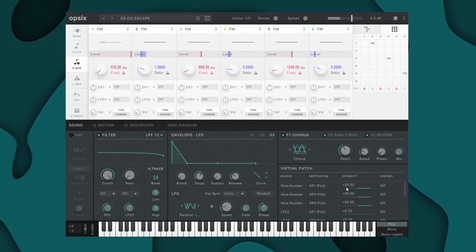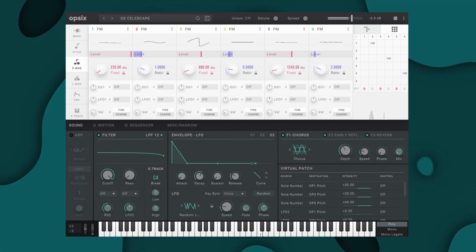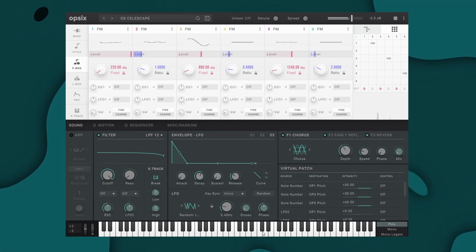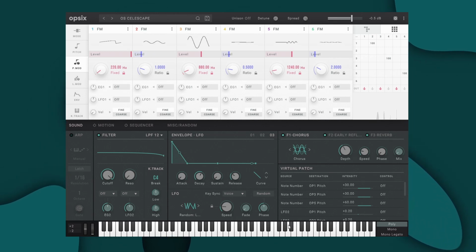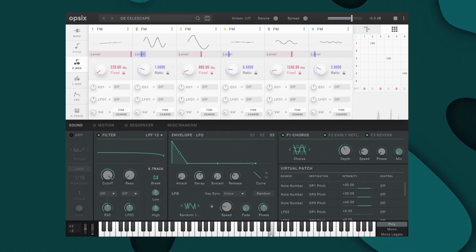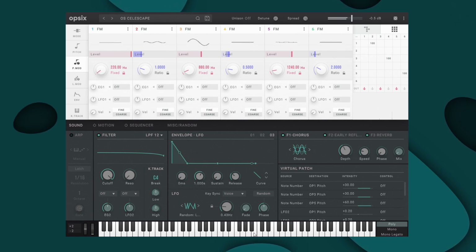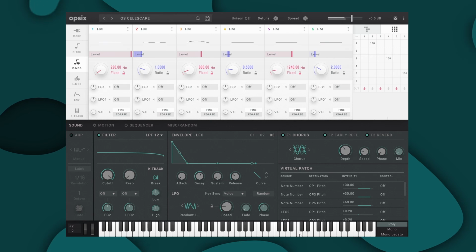So I think 60 would give you a standard movement. We're on 30 here, which I think means we should have an octave more or less happening every 2 octaves. But in between there, you've got roughly a 24 even temperament. And this is how you build non-standard temperaments on the Opsix.